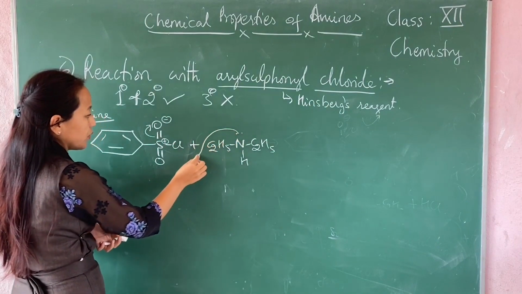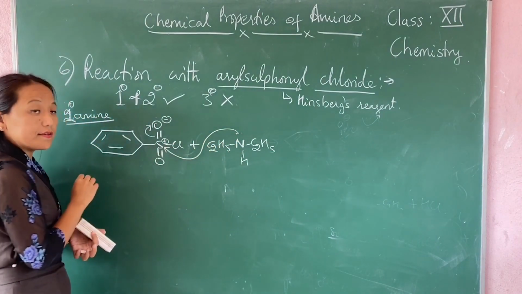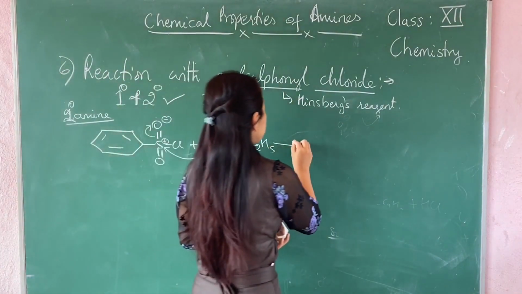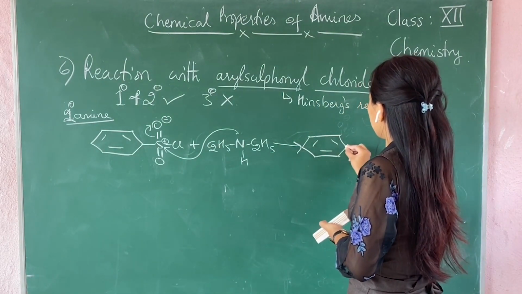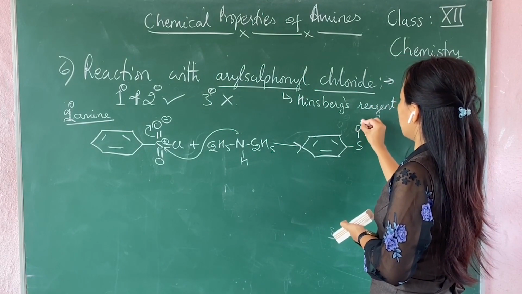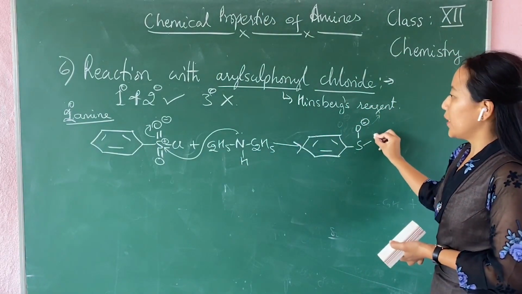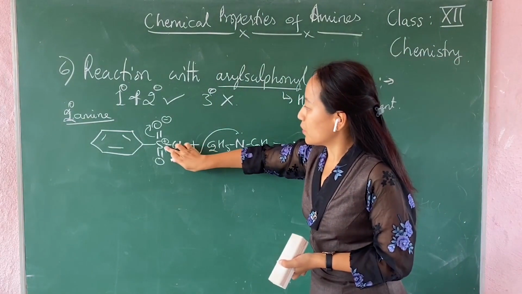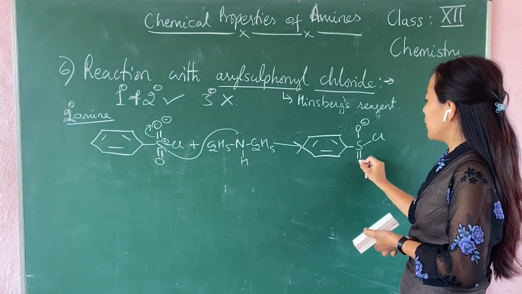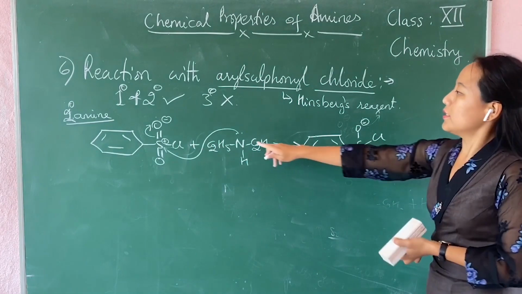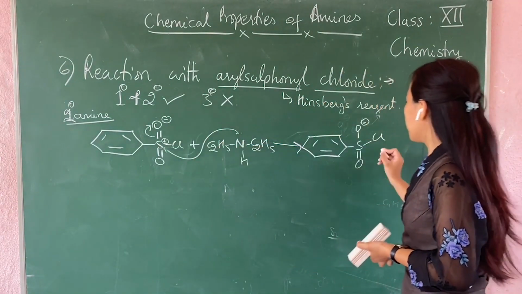Now this nitrogen with a lone pair of electrons will come and attack this sulfur, and you will get SO with a negative charge and the chlorine atom. Sorry, it's only one bond. Chlorine atom, then you have a double bond O, and this nitrogen will connect with this sulfur.